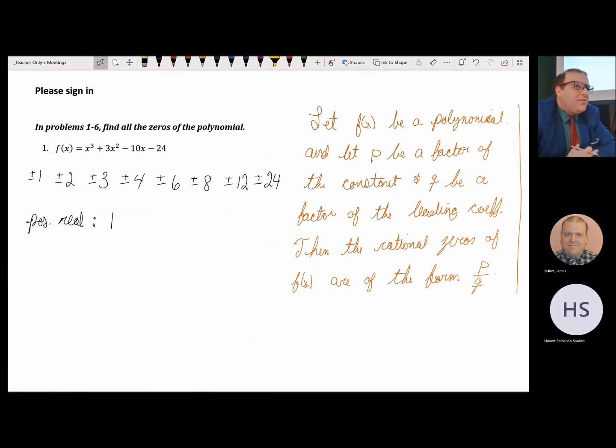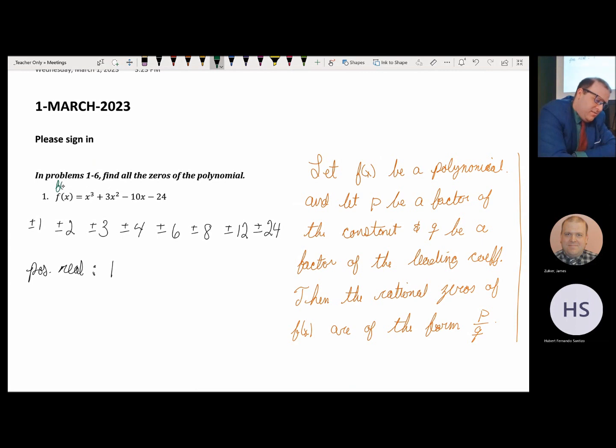Write out f of negative x. Just replace x with negative x. Obviously, all the odd powers of x are going to change sign.